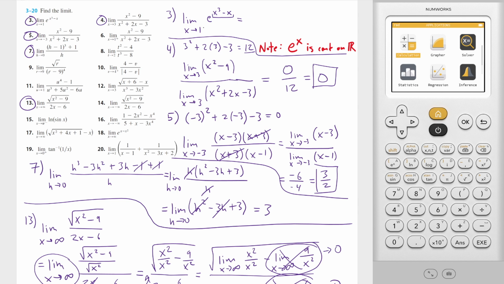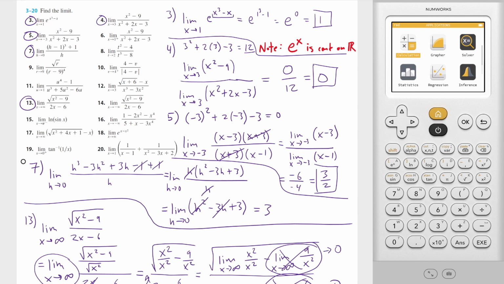To find the limit, I just need to plug 1 in for x. And I have e to the 1 cubed minus 1, which is e to the 0, which is equal to 1. So yeah, sorry I didn't figure that out last night, but I guess I was just overthinking it.